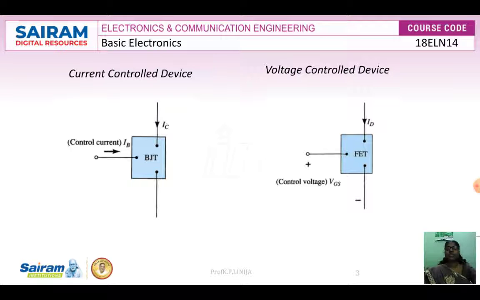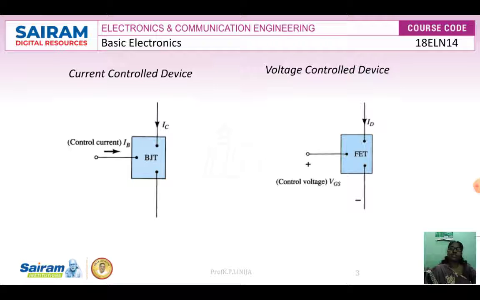It has three terminals: emitter, base and collector. Here the control current is IB, the base current, because this BJT is called a current controlled device as its output characteristics are determined by the input current.